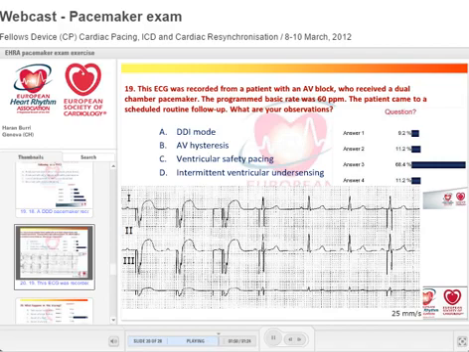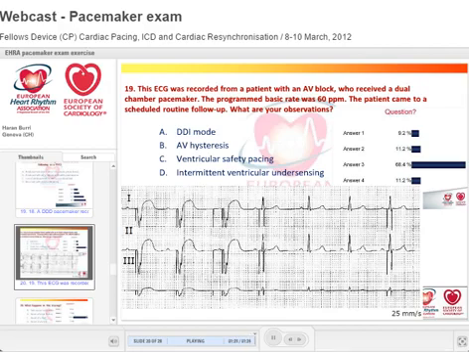How do we know it's sensed? Because you suddenly have a shortened AV interval. This AV interval here is a lot longer than this one. This is 110 milliseconds, and this is indeed ventricular safety pacing. Most of you got that right, and you have it repeated again here.